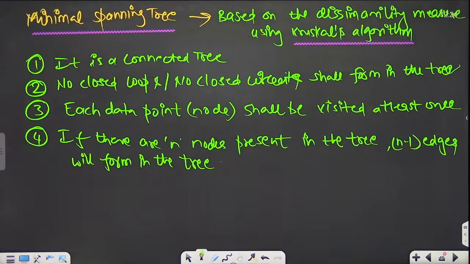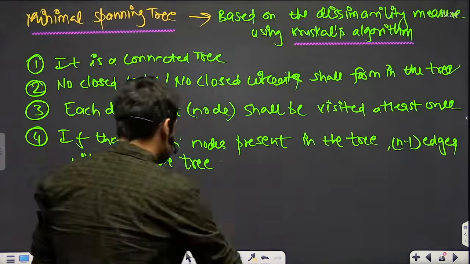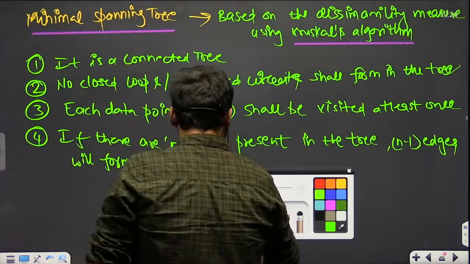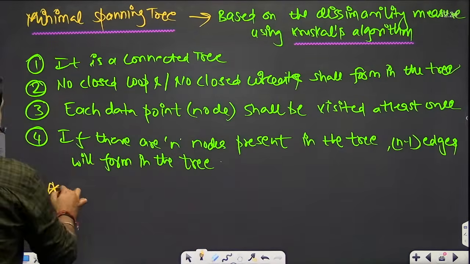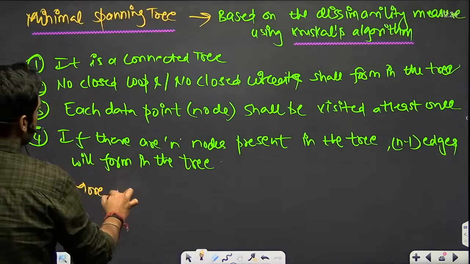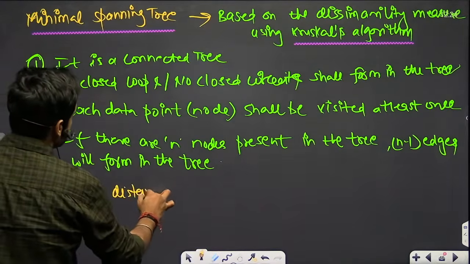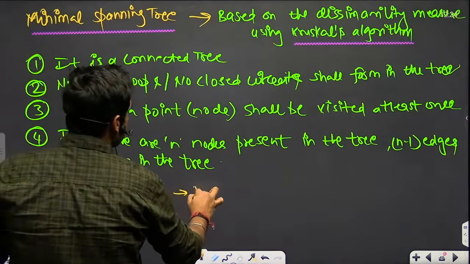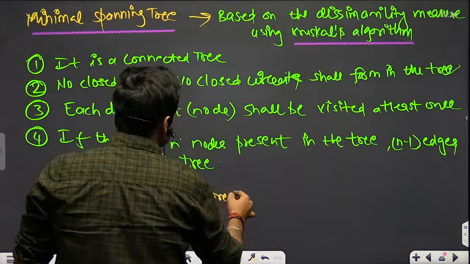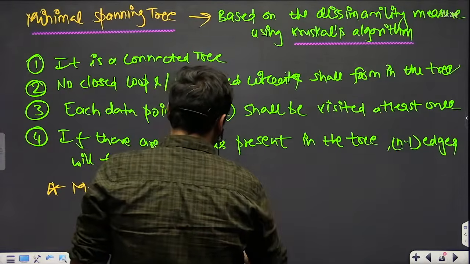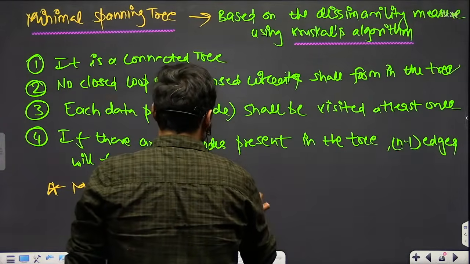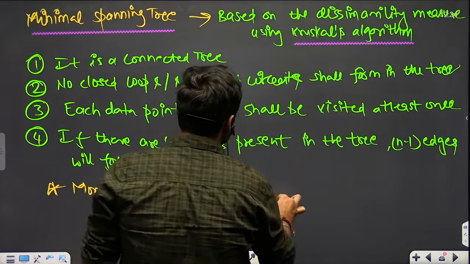Now in this tree, more distance means what? More dissimilarity between the cluster elements. I'll just write it here. Already you know this, but still I'll write it.